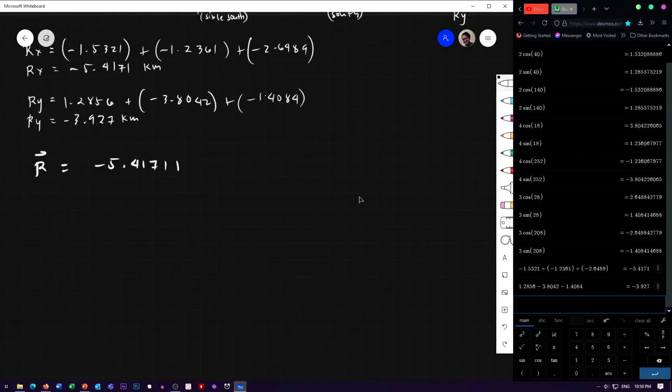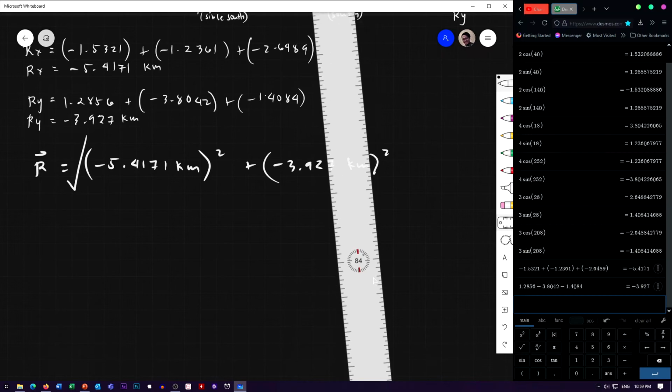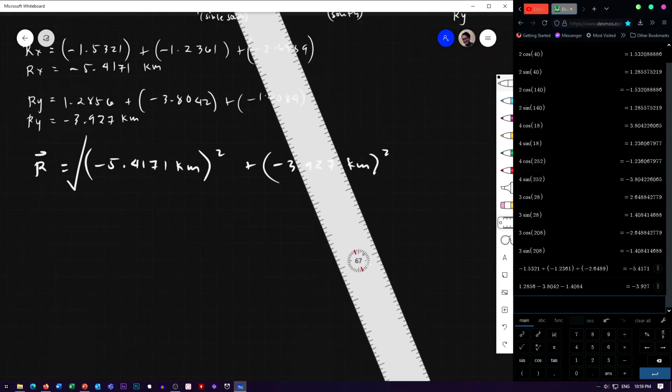If you remember the distance formula, this is basically it. Plus negative 3.927 kilometers squared. Then we're going to place it under the square root sign.